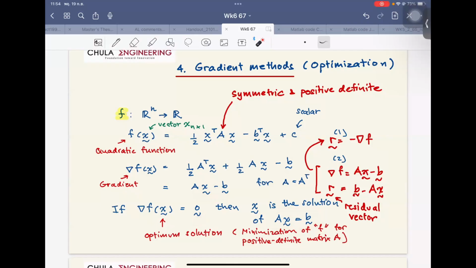Now you see the relationship between the gradient and the linear system.